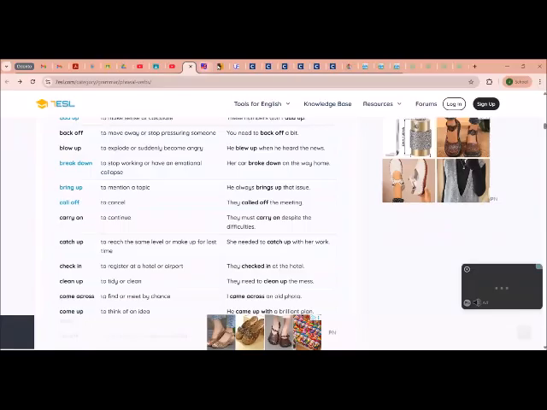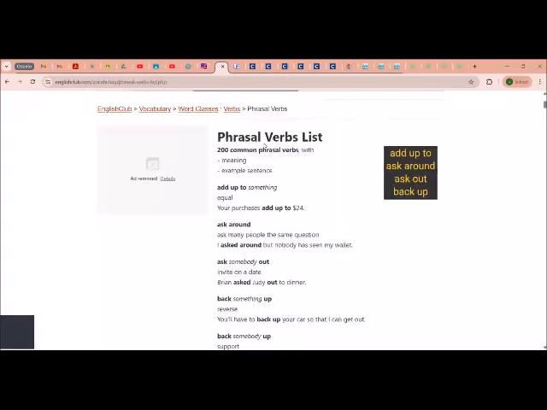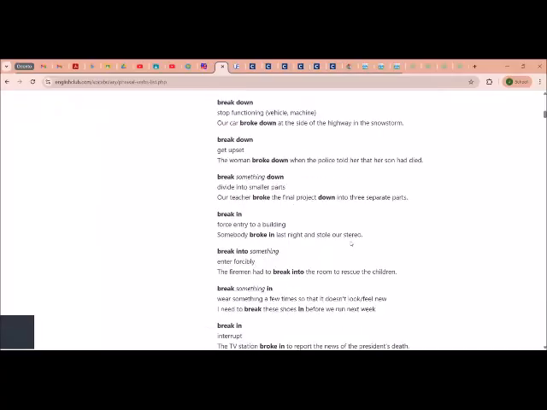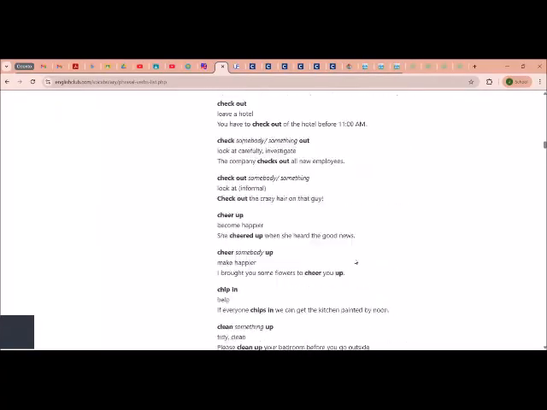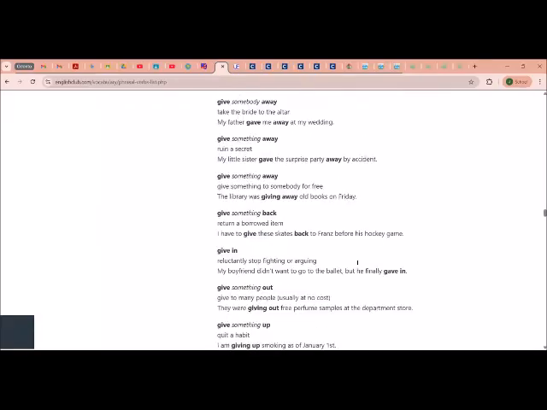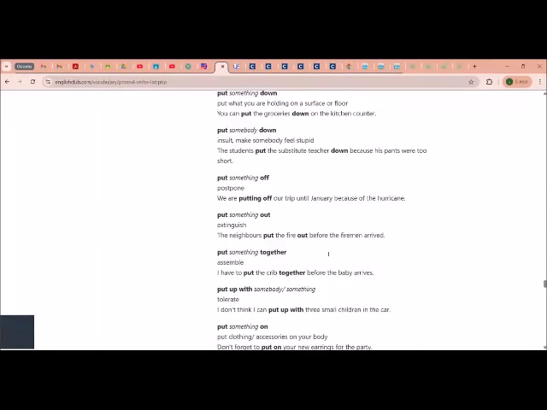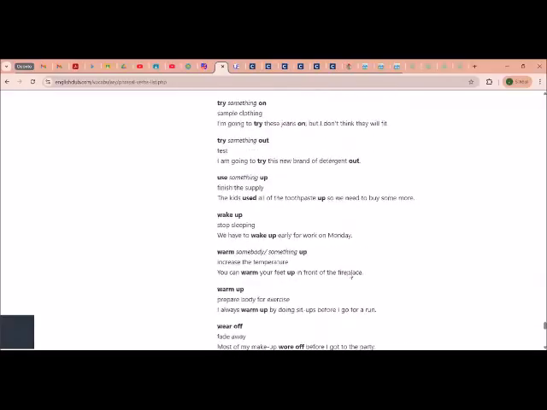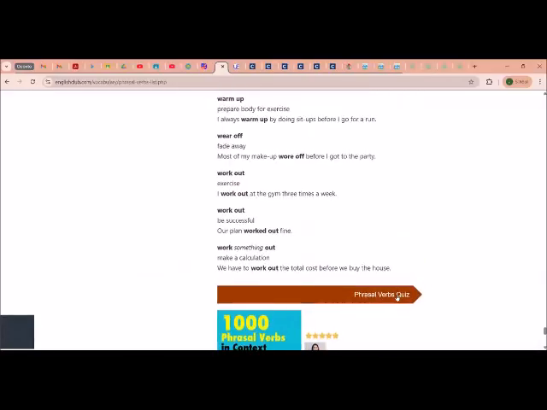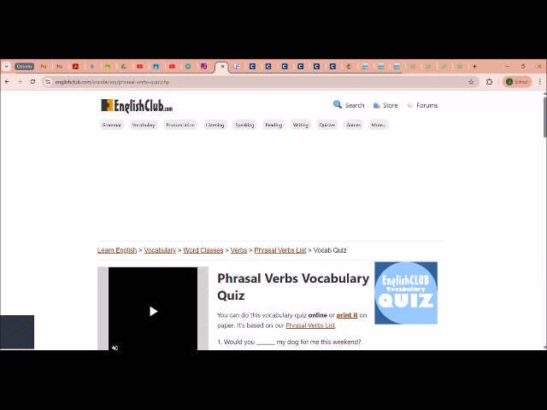Now, I wanted to make sure we did some exercises with them. So let's do this one. Since this is a bigger group, I'm going to use a list that's a little bit longer. I'll share these links with you so you can see as many phrasal verbs as possible, but let's do a quick little quiz.